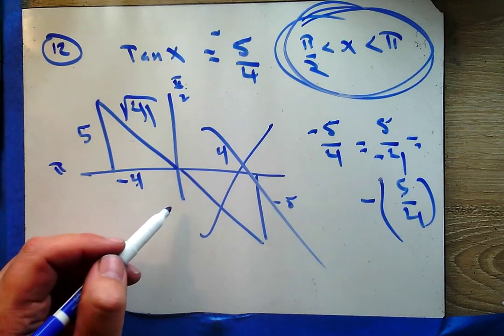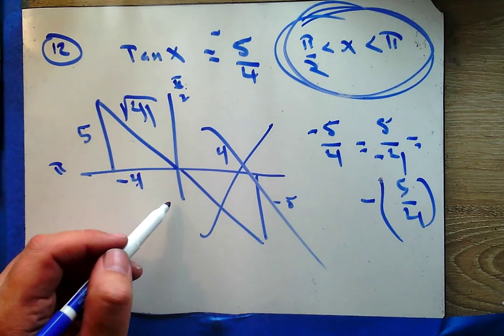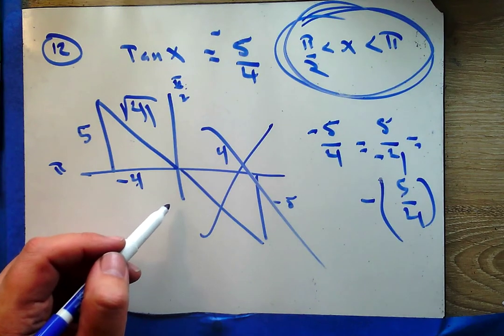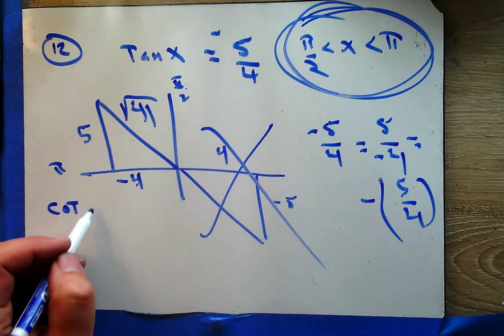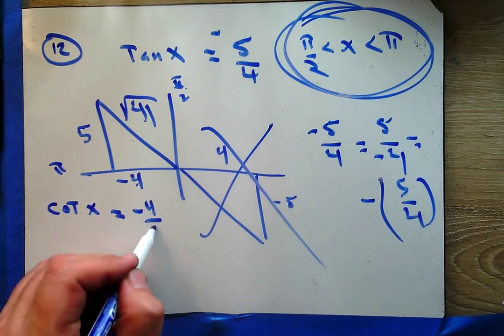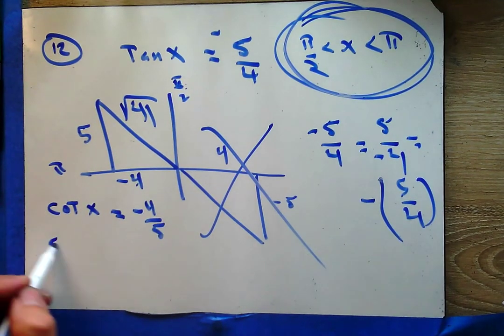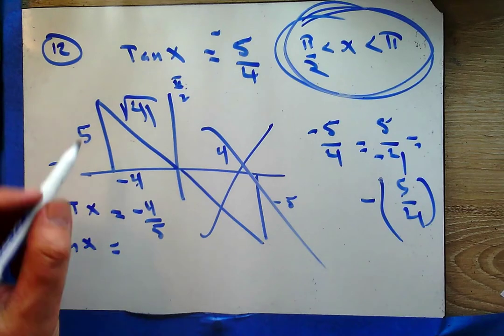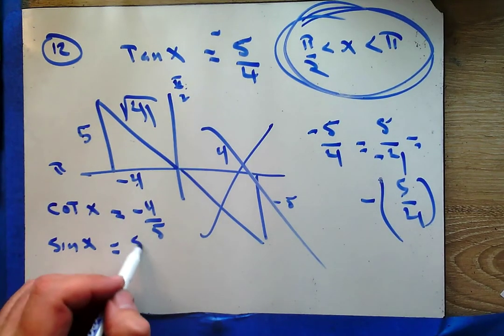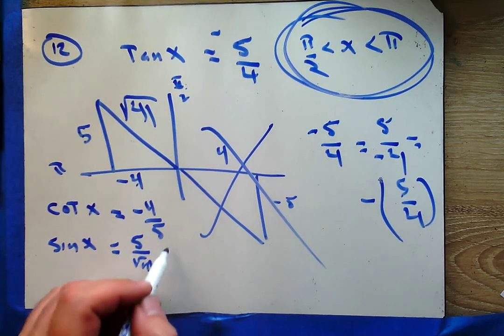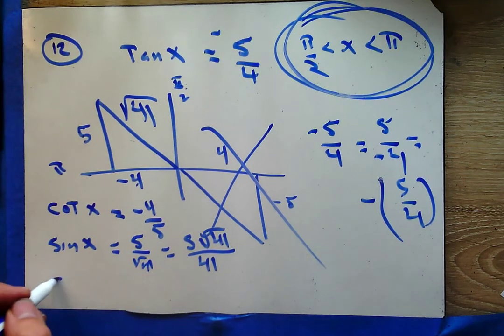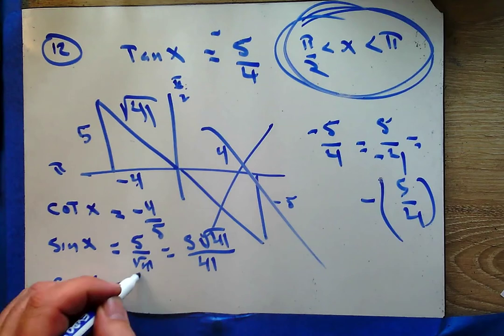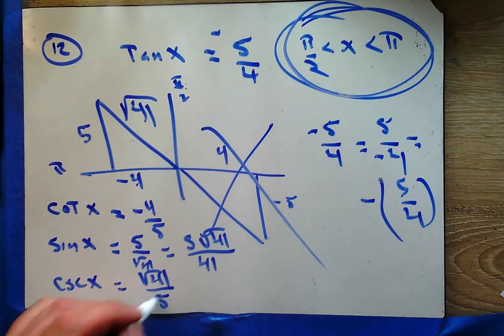And what are we looking for in this problem? It says find the other trig functions of x. So we've got tangent. We know cotangent then would be negative 4 over 5. And what about sine? Well, sine is opposite over hypotenuse, 5 over root 41, or 5 root 41 over 41. Therefore, cosecant would be root 41 over 5.